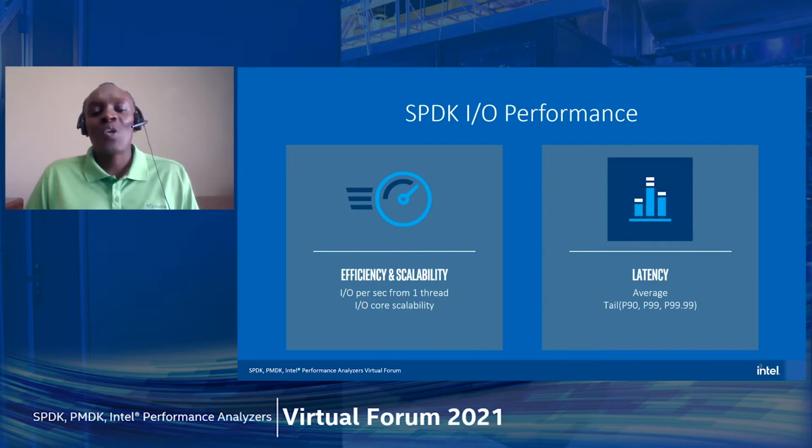Once we have a handle on the IOPS per core, the other metric that you hear us mention is the IO core scalability. SPDK avoids all locks in the IO path. And with the IO core scalability metric, what we are measuring is the scalability in the IOPS as we use more cores to perform IOs.